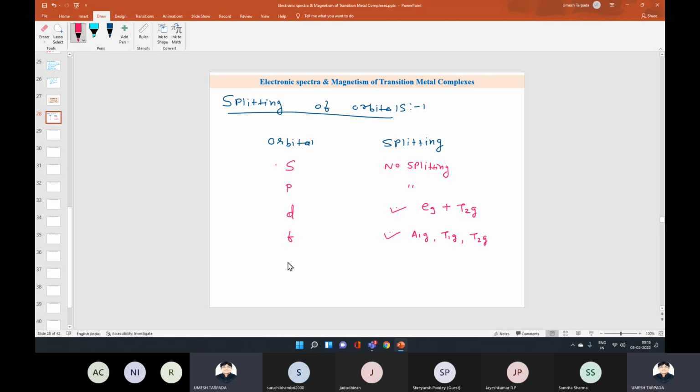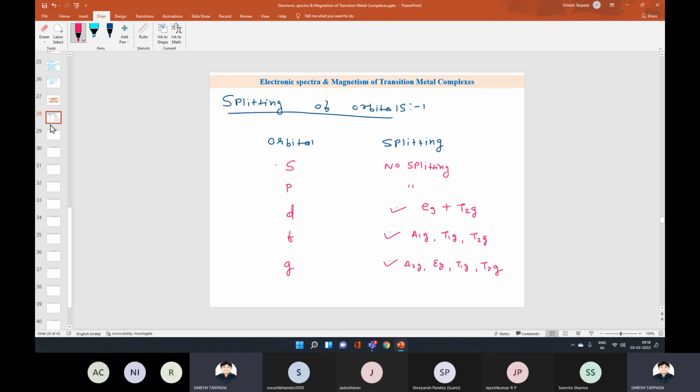In this way, if a G orbital is there, it is also split. A G orbital is split into 9 different orbitals: A2G, EG, T1G and T2G. So splitting of orbitals takes place in different ways.